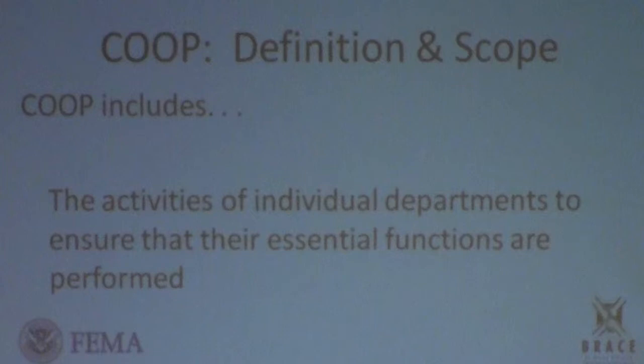Some of the activities of United Way may not be essential to the organization on an ongoing basis, but as partners with United Way, you know that if their 211 function is inoperable, you're going to inherit a lot of phone calls from your clients, from those that you're serving, because they can't gain access to that information from United Way. That's one of the reasons United Way has within their COOP relocation of their 211 function to the public safety building, and I'll talk a little bit more about that as we go along.